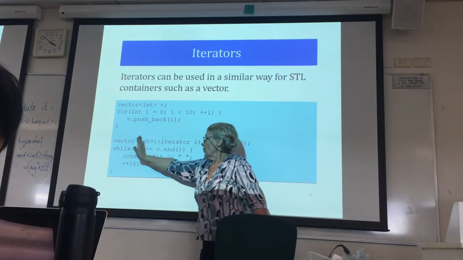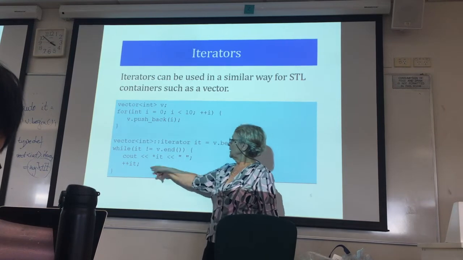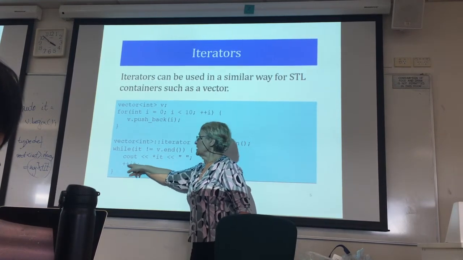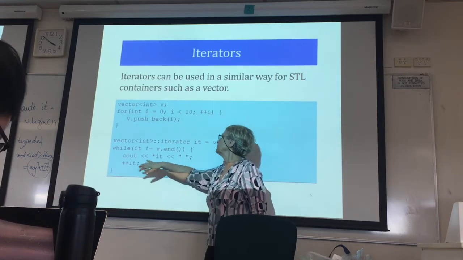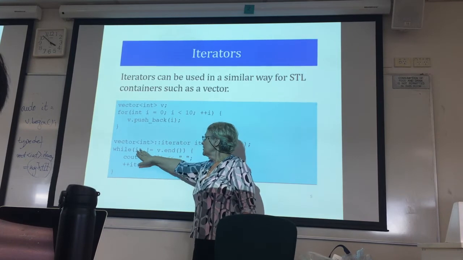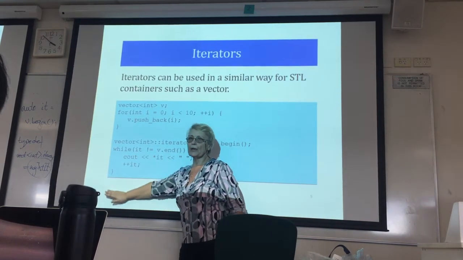we do, we move through the vector from the first one through each element; plus plus IT means move to the next element. Okay, till we reach the end. If IT is equal to the end, this is skipped and we are getting out.